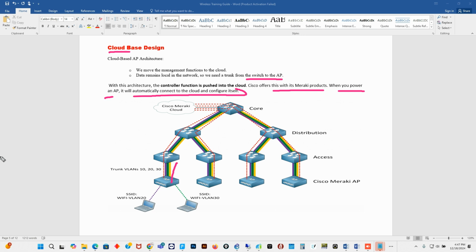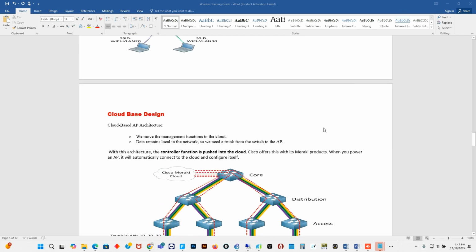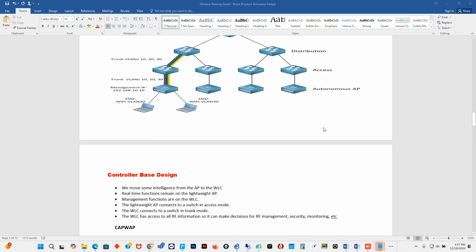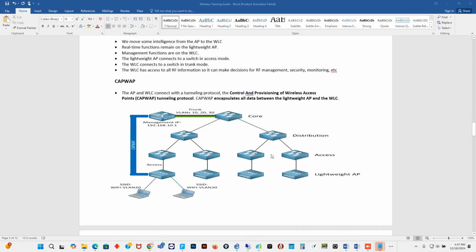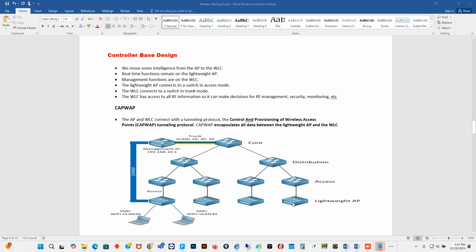So to summarize these concepts, in terms of architecture design in wireless, we have autonomous, where every device is going to be an AP. And then we have controller and AP, but the AP will be a lightweight AP, where you separate the management function from the real-time function.